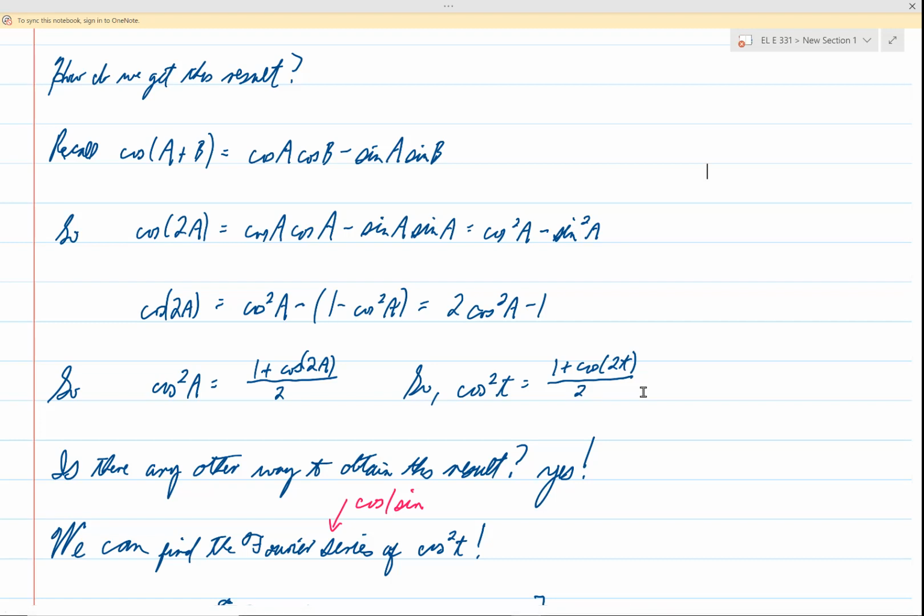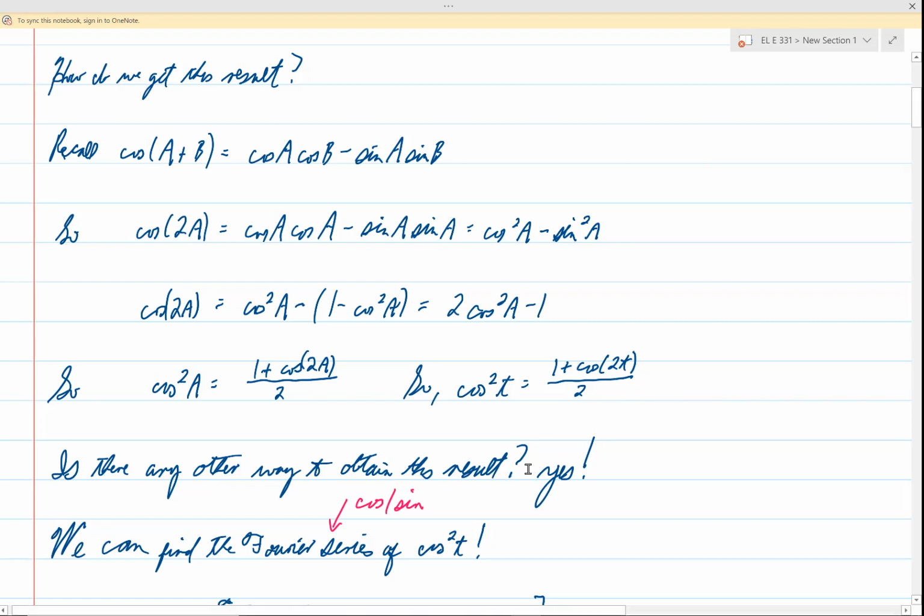But in the derivation of that result, we had to remember several things that could slip your mind. So that raises a question of, is there any other way to obtain this result? And the answer is yes, because if you look at this and think about it for a moment, you'll see that this is actually just a cosine Fourier series for cosine squared t, which is really pretty remarkable, but it's true.